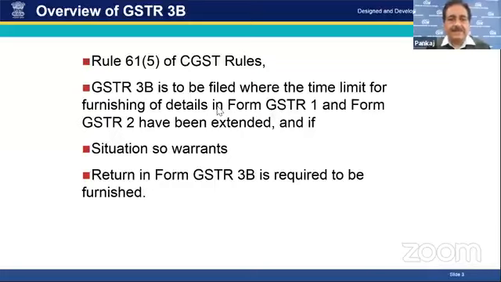And in this case, the due dates of furnishing of GSTR 1 and 2 have been extended for the month of July and August by the government recently. So rule 61(5) of the CGST rules specifies that in such a situation, GSTR 3B is required to be filed by the taxpayers.